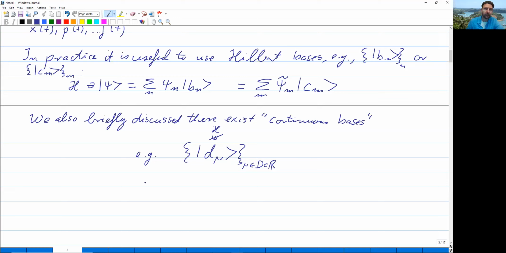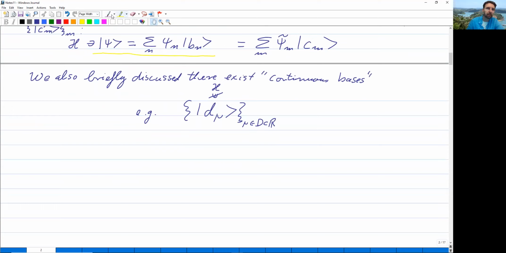And just like psi can be expanded in terms of the Hilbert basis of the Bn, our vector psi in the Hilbert space can also be expanded in the basis of the d mu as a linear combination, but it's going to be a continuous linear combination.